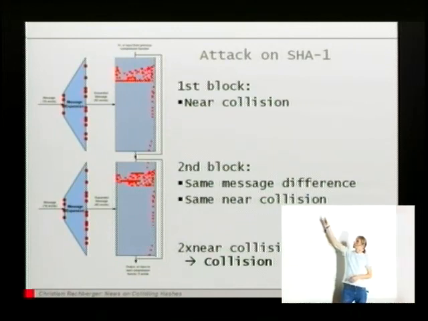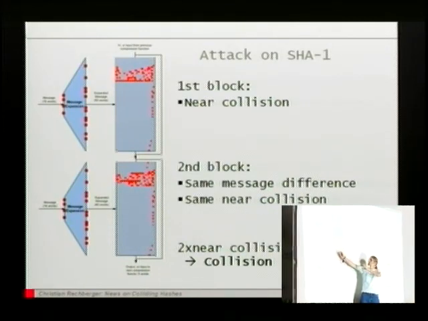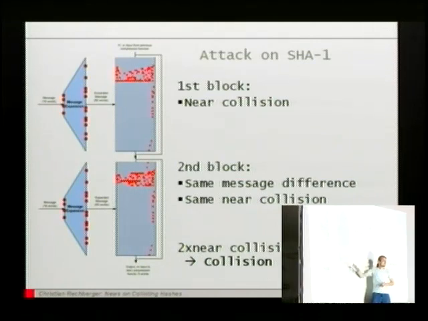Okay. So near collision, that's the first block. We look for a long time and find a message pair that only has, in this case, 2 or 3 bits that are different at the output. These differences are now copied to the input of the next block.